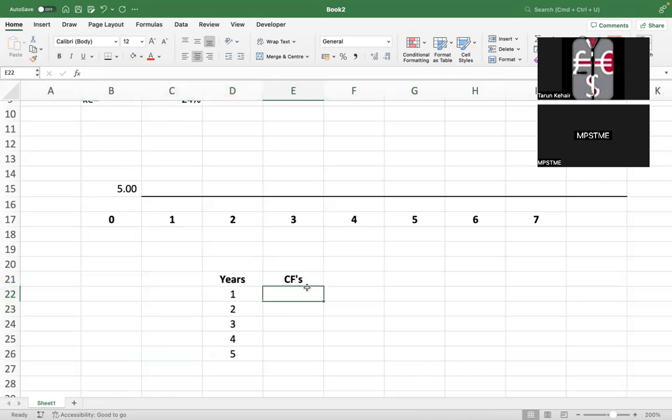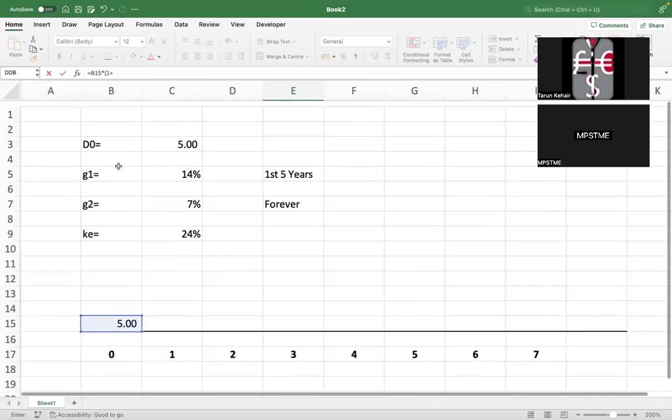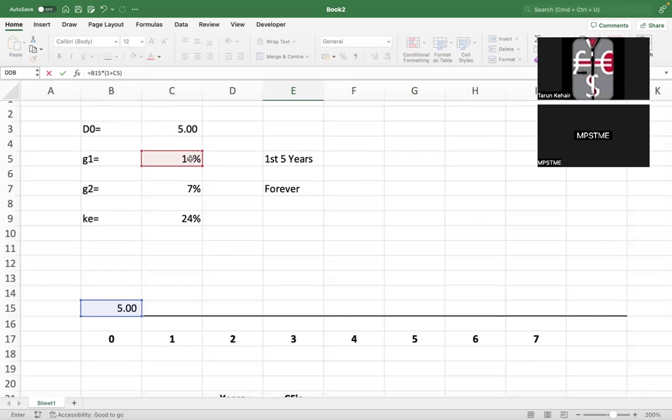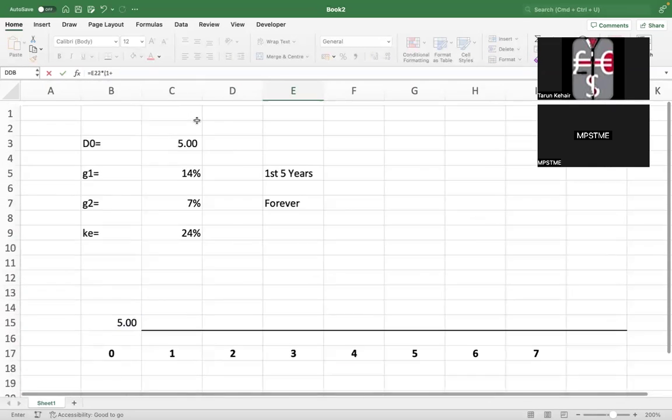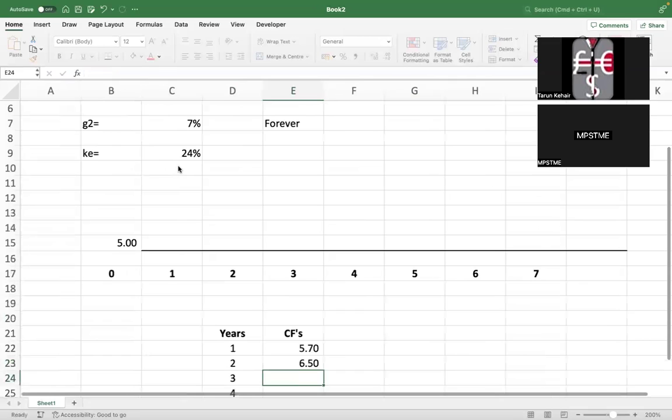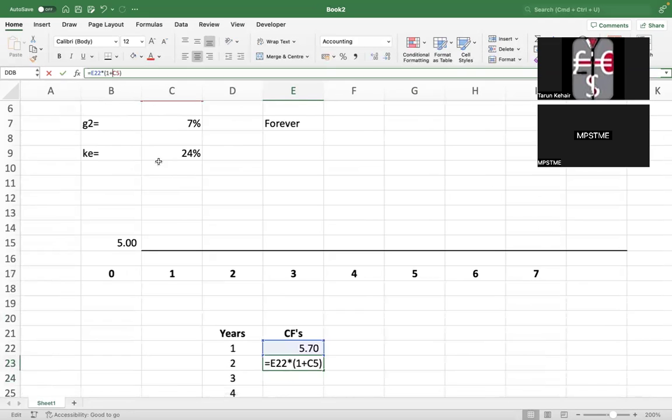So the first year dividend will be the current year dividend into 1 plus 14% growth. Okay, so I'll take the growth also from the inputs. And next year would be previous year into 1 plus 14%. And that way it will grow.